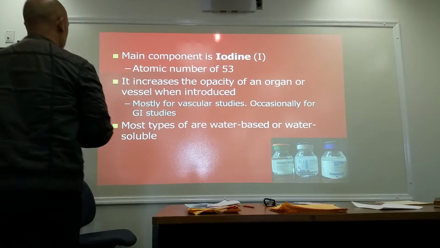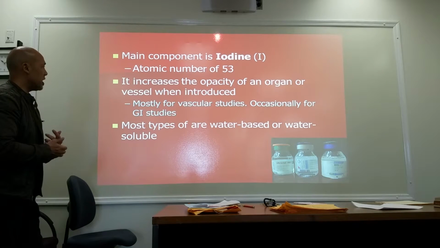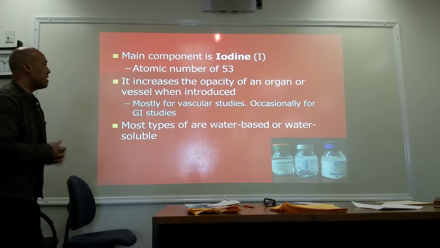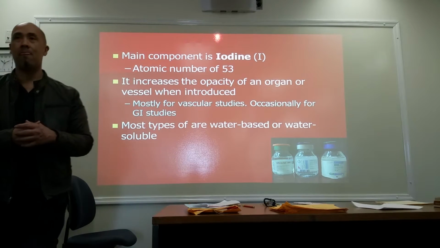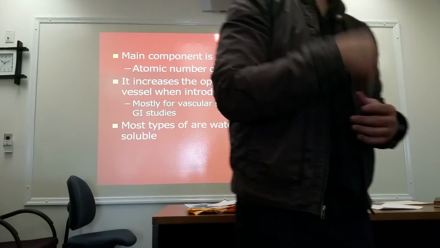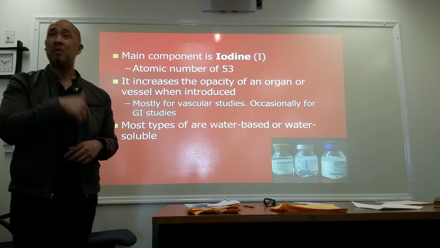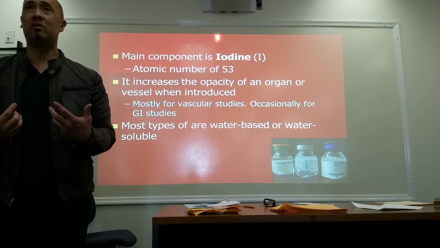Okay? So, with iodine, it increases the opacity of an organ or vessel when introduced. Again, mostly done for vascular studies and occasionally for GI studies. Iodinated contrast is water soluble, which means that your body is going to absorb it. Remember, barium is metallic. It can't get absorbed.